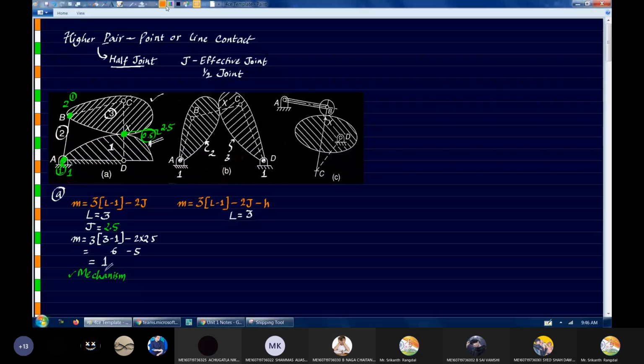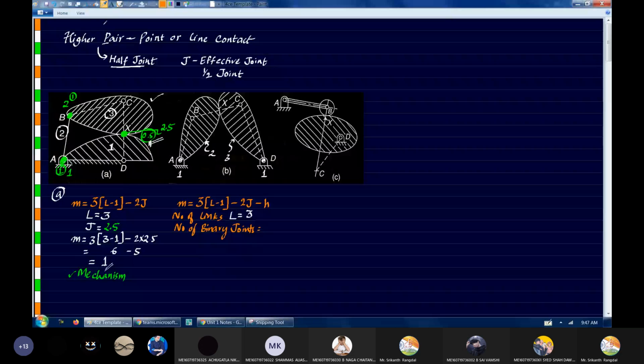So this is the number of links. Then coming to J, J is number of effective joints. Or in this case, we'll not write effective joints. We will just write this as number of binary joints.